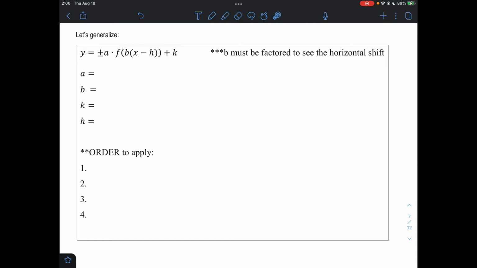It's important to know that inside a function we have to factor out that b. Basically, the number in front of x we want to be 1. If it's not 1, we need to factor that out to see the horizontal shift properly.